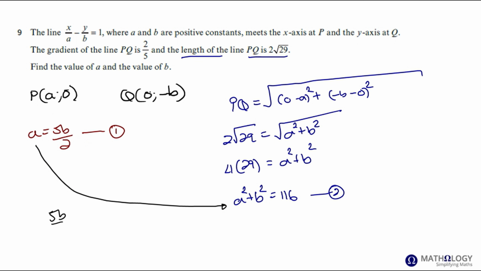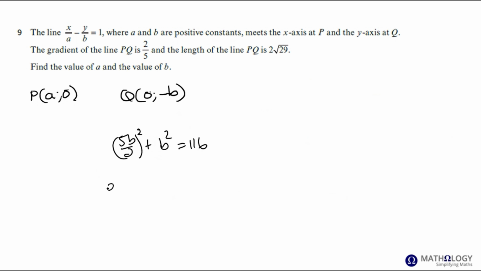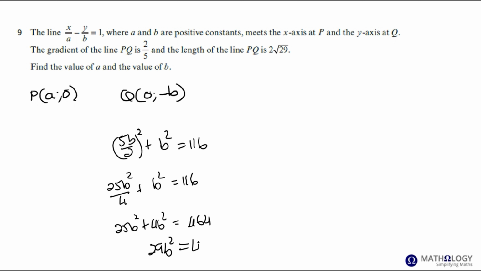So 5b over 2 all squared plus b squared equals 116. 25b squared over 4 plus b squared equals 116. 25b squared plus 4b squared equals 464. 29b squared equals 464. Therefore b squared equals 16.